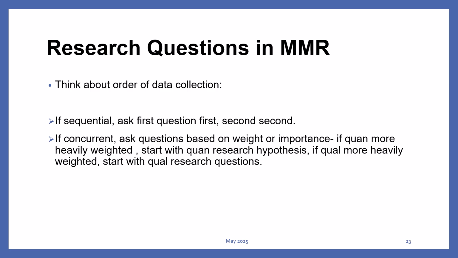We also talked about the types of mixed method design, and we mentioned that we have two families: sequential, whereby the researcher conducts the first phase followed by the second phase, and the concurrent, where the researcher collects both quantitative and qualitative data simultaneously or at the same time.